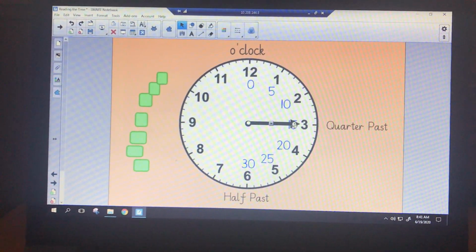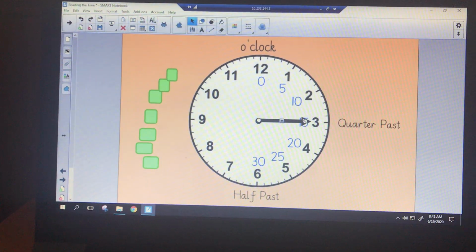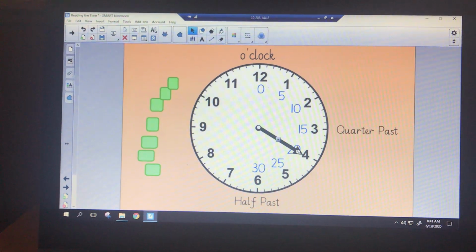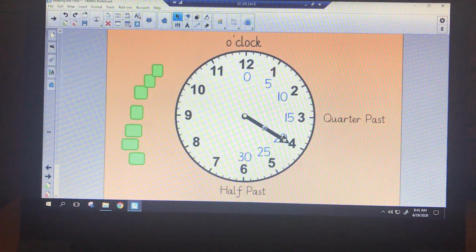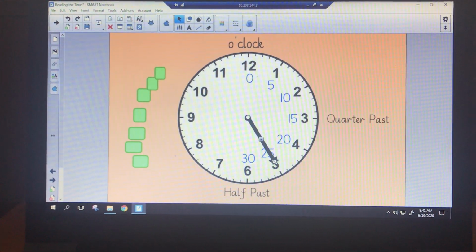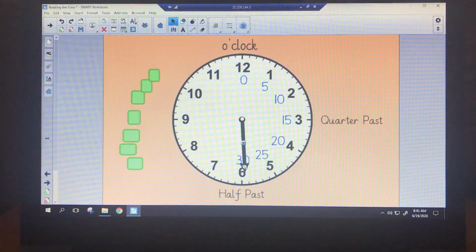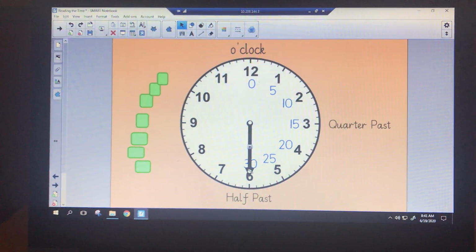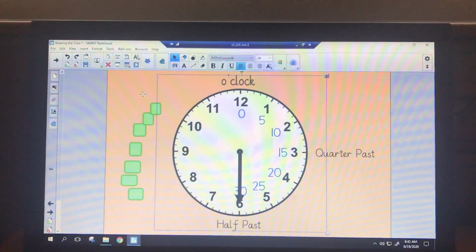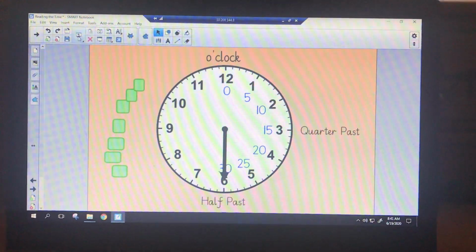And then quarter past. And then we would say here, pointing at the 4, it is 20 minutes past. 25 minutes past. And then pointing at the 6 would be half past the hour. Okay, hopefully that has made sense at home.